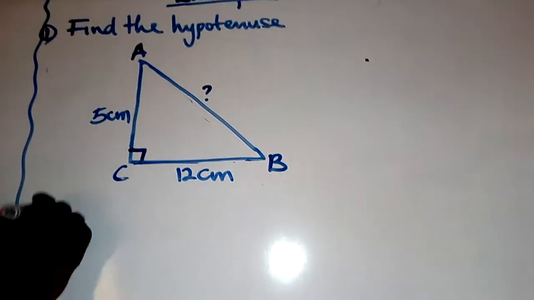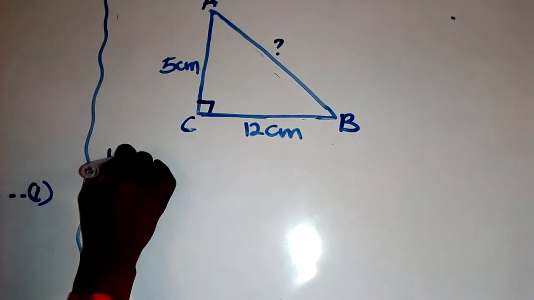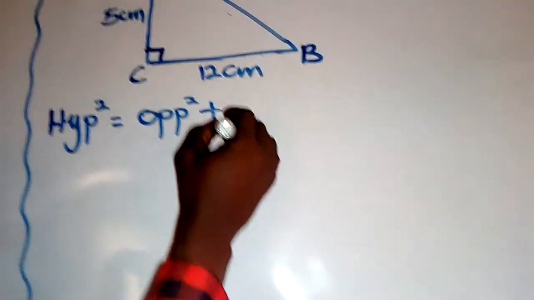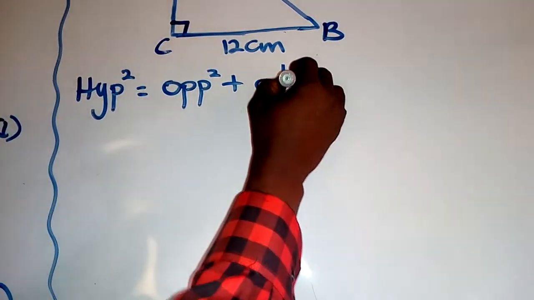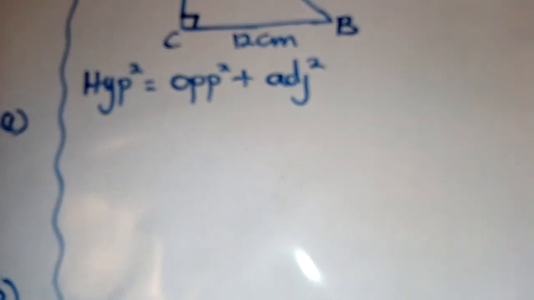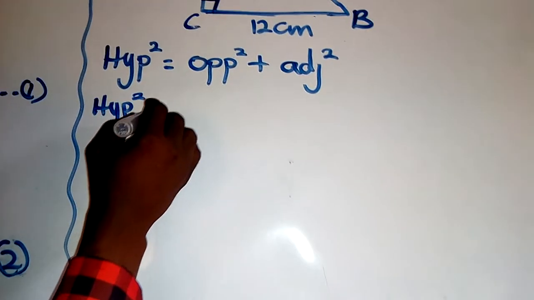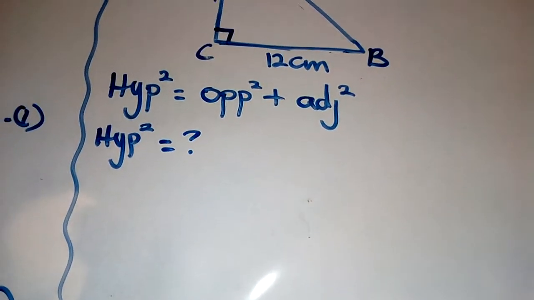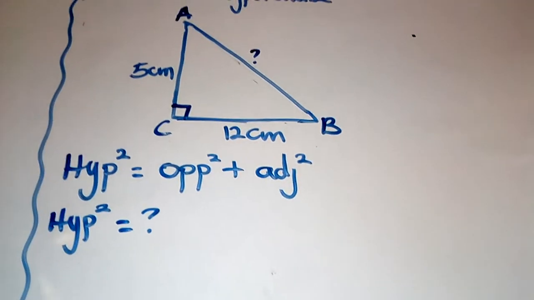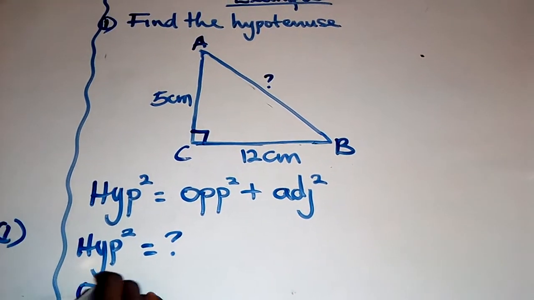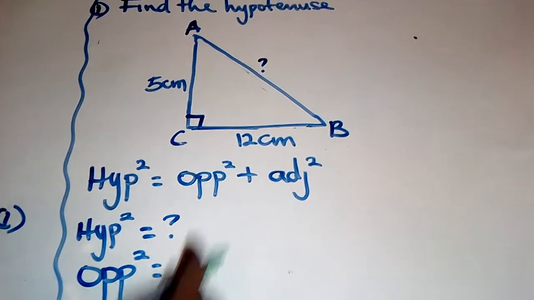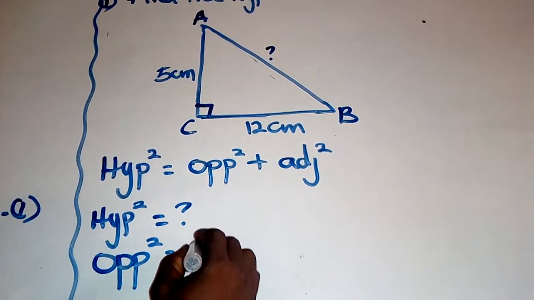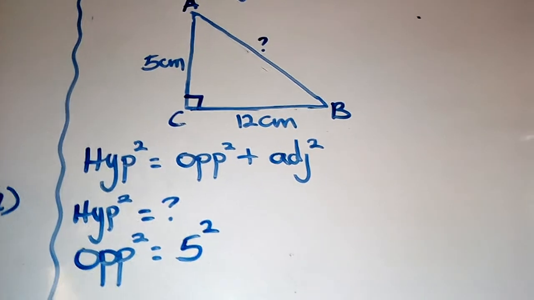So from the formula, to find the hypotenuse, hypotenuse square equals opposite square plus adjacent square. Your hypotenuse square, that is line AB squared, is unknown. Then your opposite is 5 centimeters, which is 5 squared.